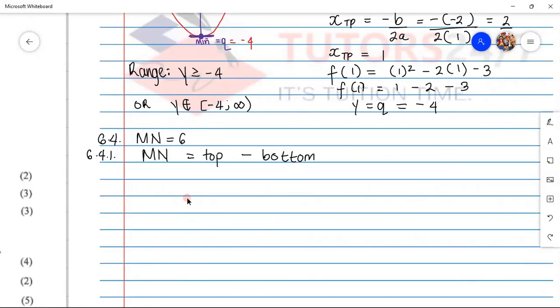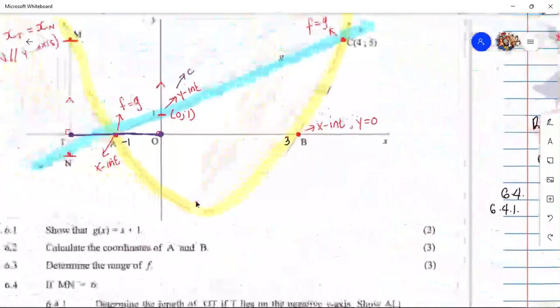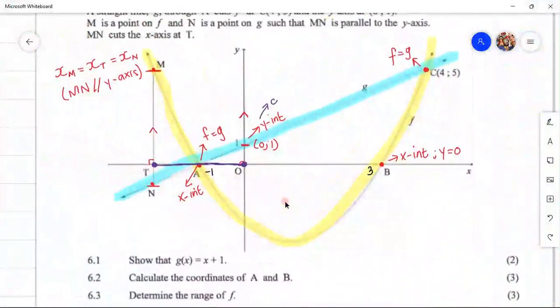It's kind of like finding displacement. For people that are dealing with physics or people that take physics as a subject, you will be more familiar with this. So the displacement mn is 6 units. So in order for us to find displacement, we're basically just subtracting the two functions, which will give us the distance in the middle, which is 6.